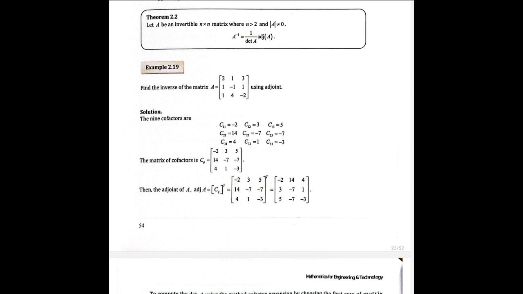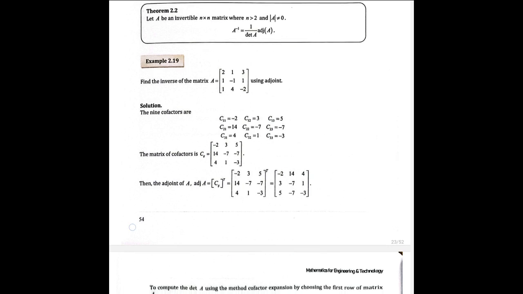One way is by using cofactor expansion, which is by choosing either one of the columns or rows. For this case, they are choosing the first column to conduct the cofactor expansion.